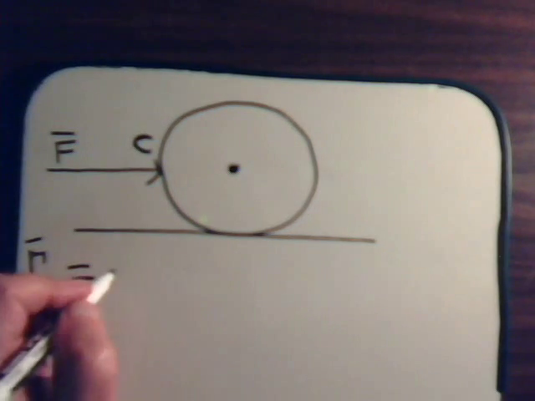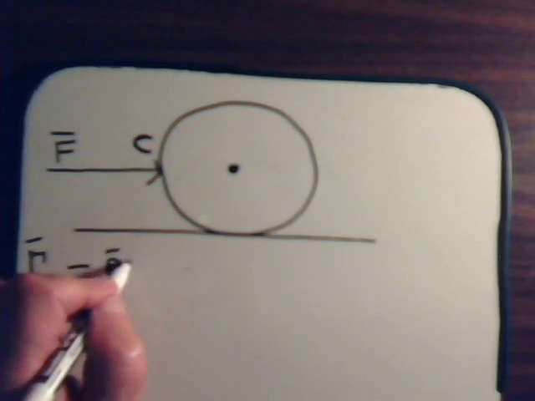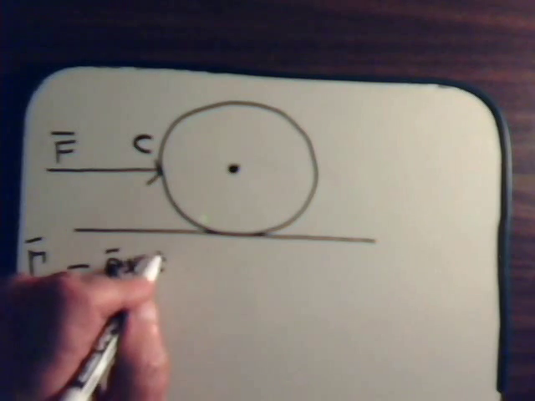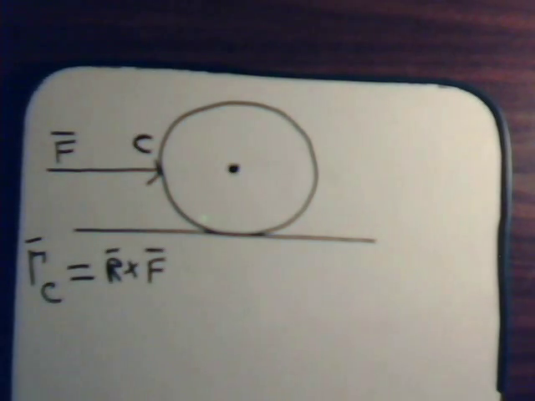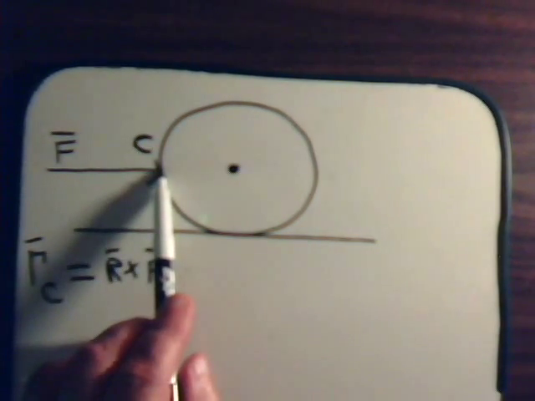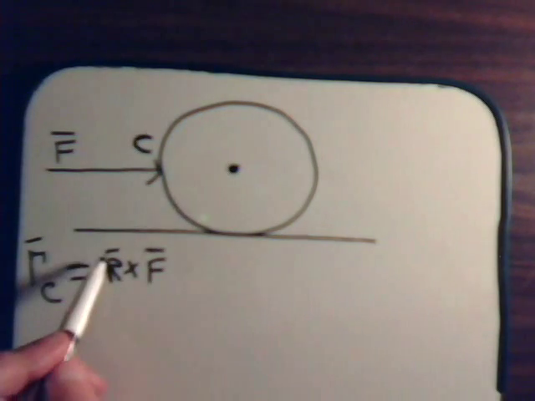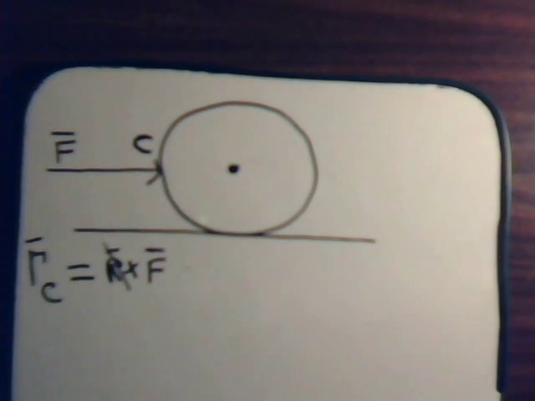Torque is always some position vector, cross product of it with the force. But here, the force is right at point C. It goes right through point C. So this position vector is 0.